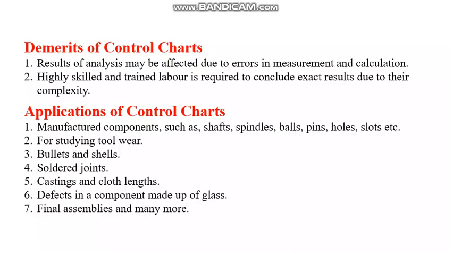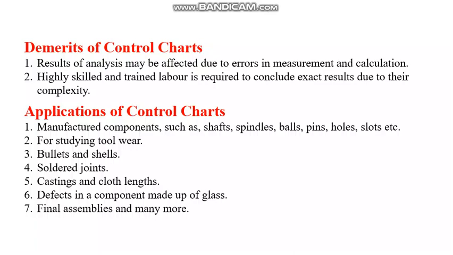Then second, highly skilled and trained labor is required to conclude exact results due to their complexity. To work as quality inspectors, highly skilled, trained people are required. Because of the use of computers, some of those things are eliminated, but still, most of the time, even to run that software and to debug problems that come up in it, trained people are required.